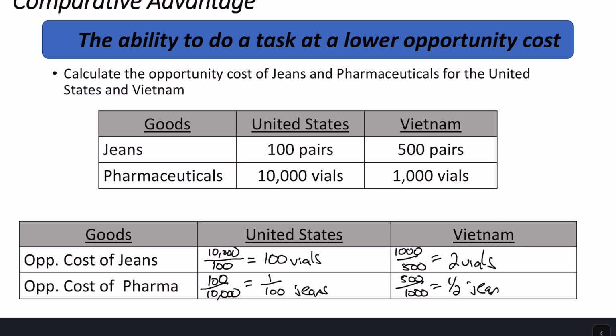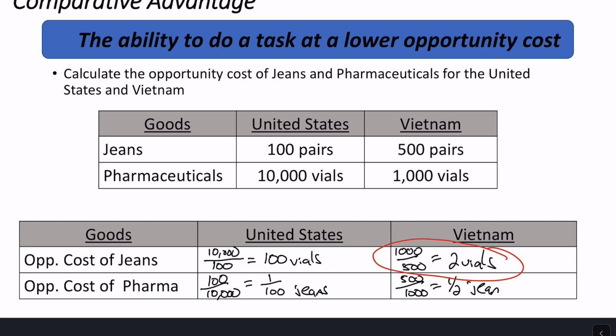So comparative advantage then, the thing we're trying to actually get with using all these opportunity costs, is what country has the ability to produce at a lower opportunity cost for that good. For genes, Vietnam only has to give up 2 vials of pharmaceuticals, where the US has to give up 100 vials.